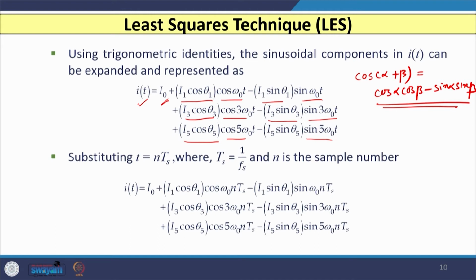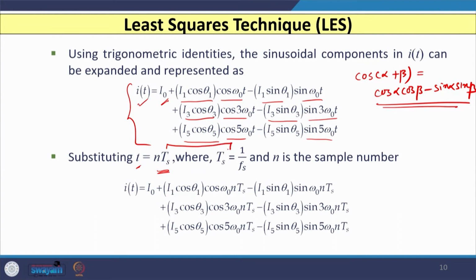Now, here in this equation, if I substitute t equal to n T s, where n is the sample number which varies for a particular window. If I have, let us say, 16 samples in a window, then n varies from 1 to 16. T s is nothing but your sampling time, which is the reciprocal of sampling frequency, that is 1 upon f s.